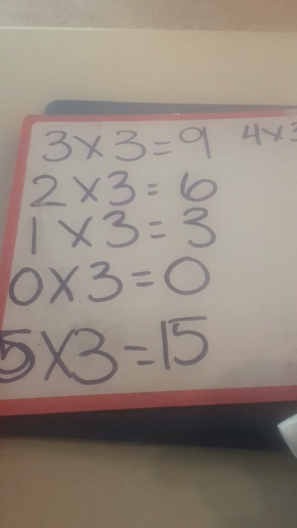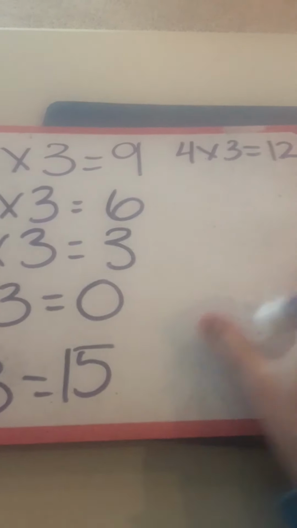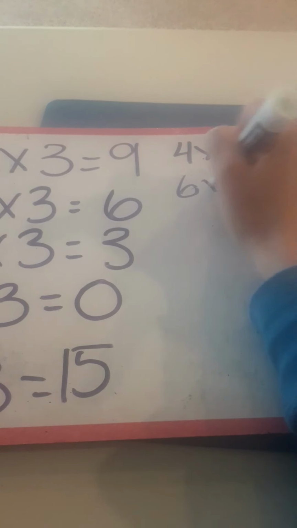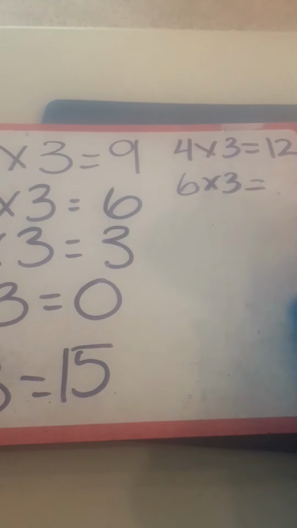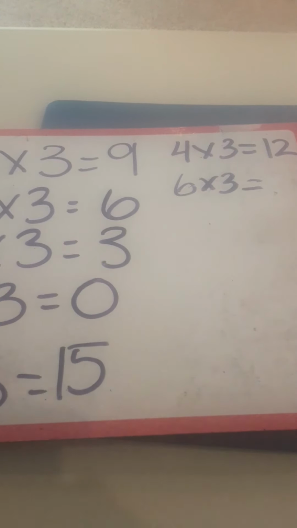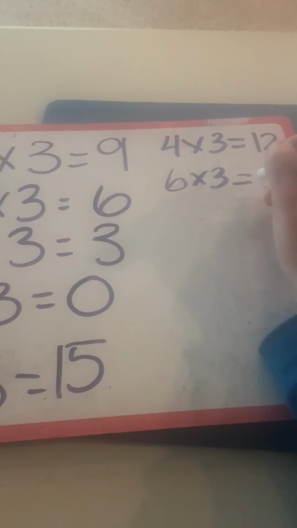So I've done 0, 1, 2, 3, 4, 5. So now I need 6 groups times 3 equals, well, let's count. 3, 6, 9, 12, 15, 18.